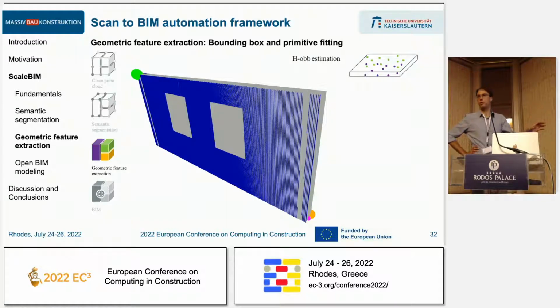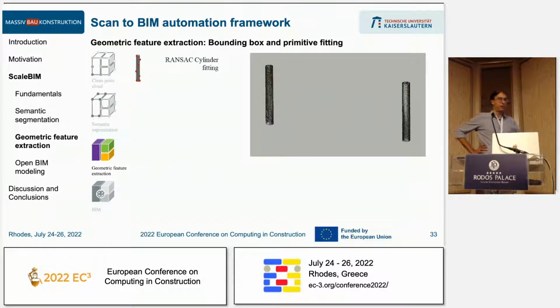And from the bounding box, you can then get the information you need for later BIM modeling, like base axis or base points, minimum and maximum set coordinates, etc. Again, for other objects like round columns that we have distinguished from the square ones in the steps before, a good method to start is RANSAC cylinder fitting, so fitting geometric primitives into the data.